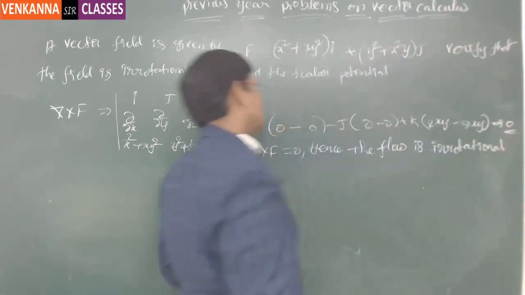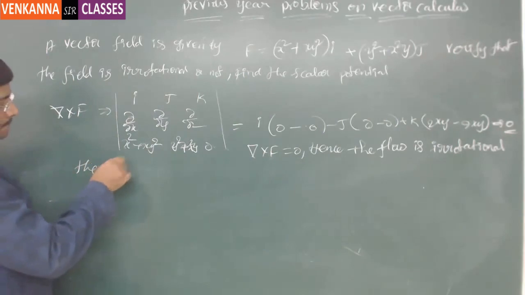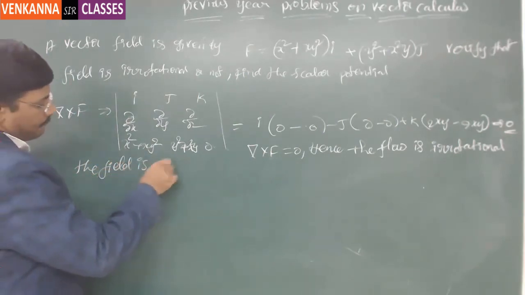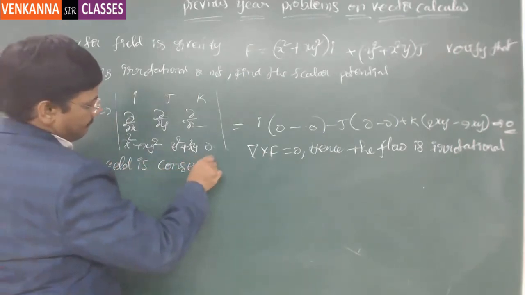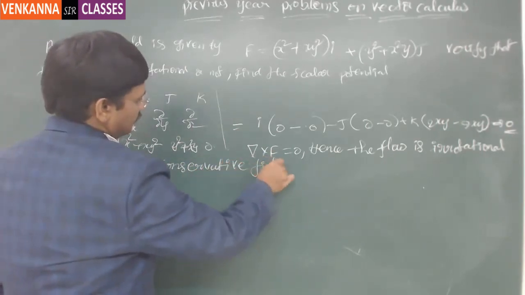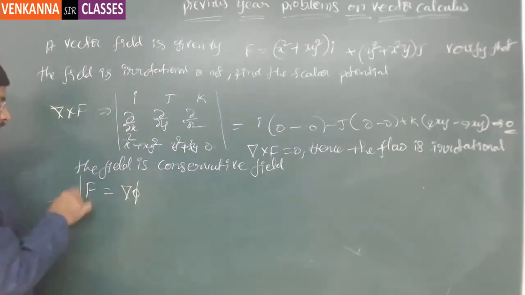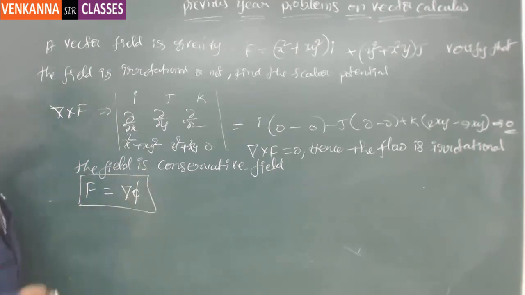We also call this a conservative field. Now if it is a conservative field, then F can be expressed as del phi. Ideally it is minus del phi, but you can treat it as del phi.